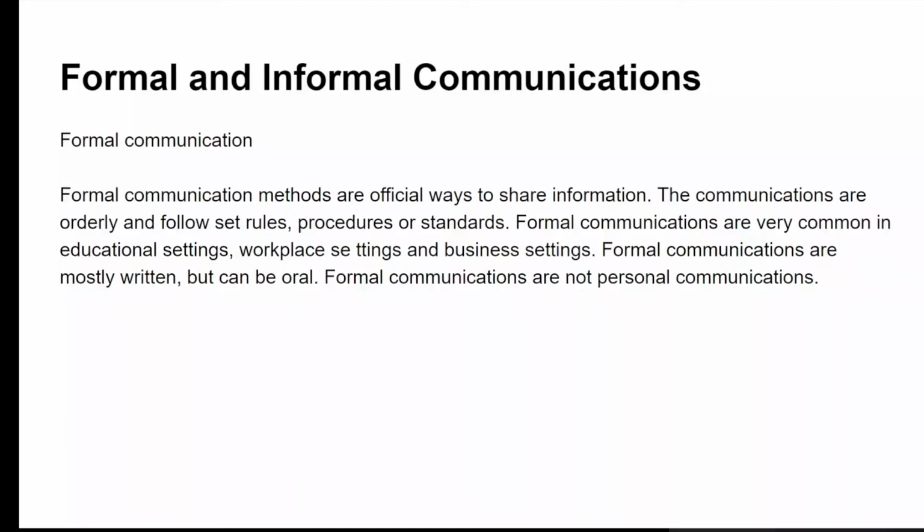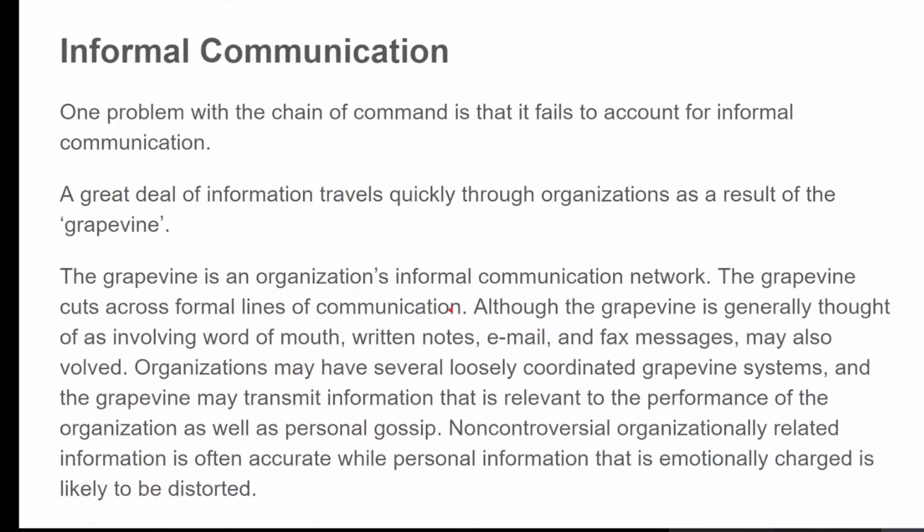So, we tend to have this type of system where office gossip or office communication emerges, and that can create some problems. So a great deal of information travels quickly through organizations through this informal channel.